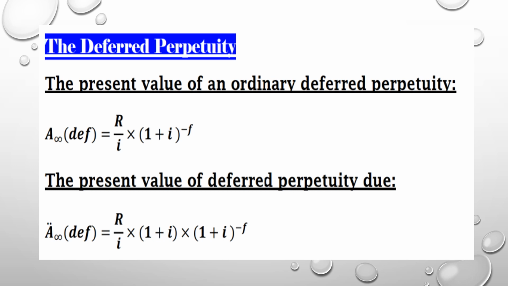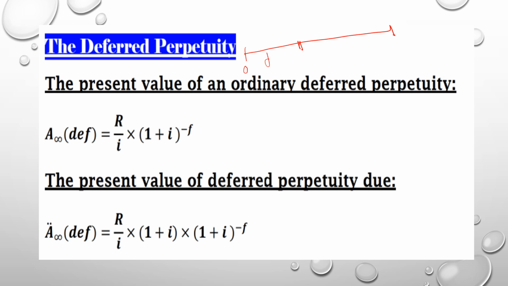This is a special case of the perpetuity, as sometimes the perpetuity can be deferred for a certain period, and after this period, the person can start the payment of the perpetuity. So this is now, and we have a deferment period.